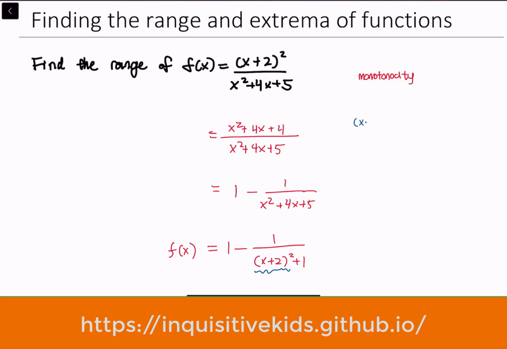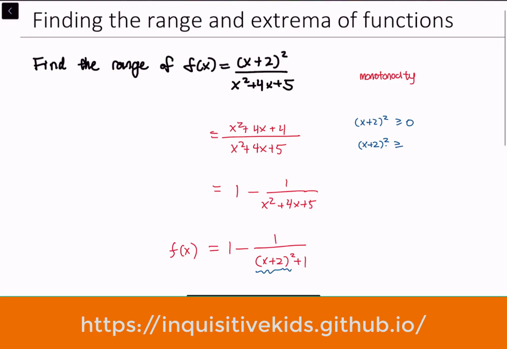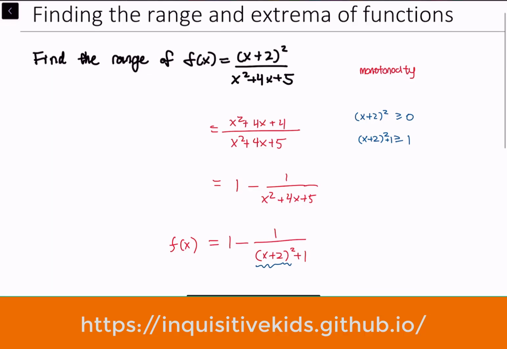So (x plus 2) squared has to be greater or equal to 0. And when we add a 1 to it, this is the full denominator, we know that the denominator has to be greater or equal to 1. This means that the denominator can go from 1 all the way up into infinity.